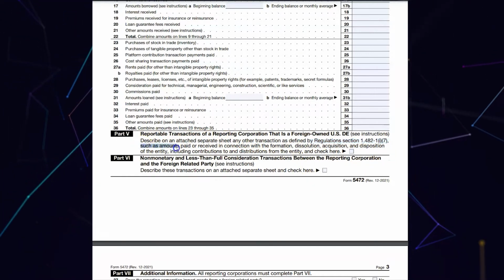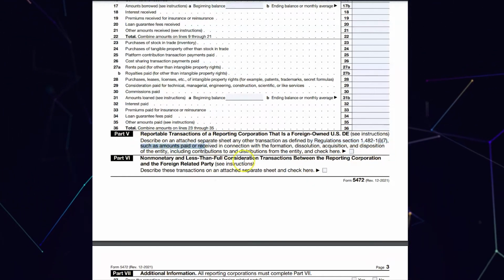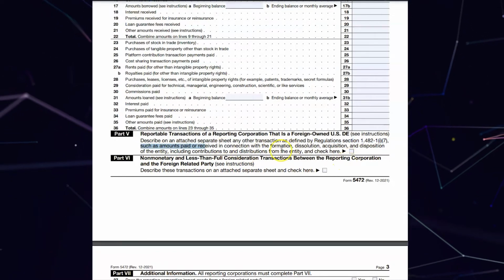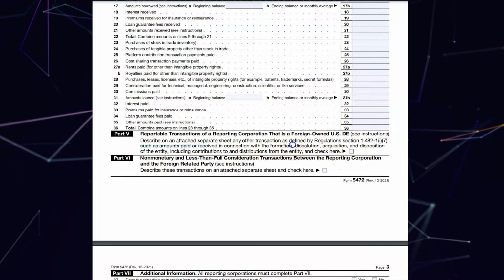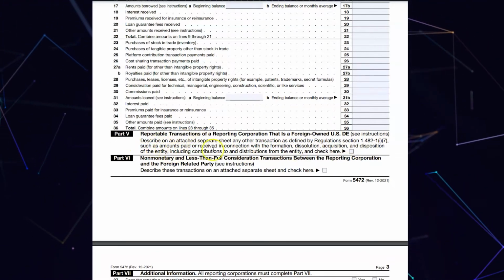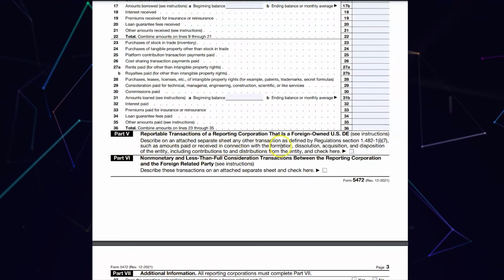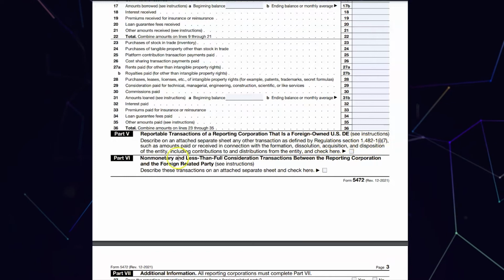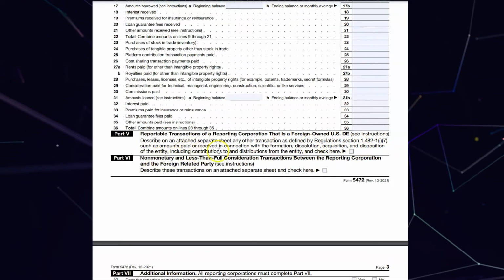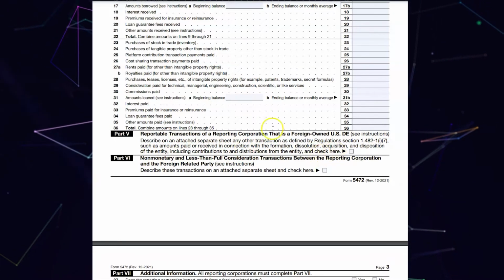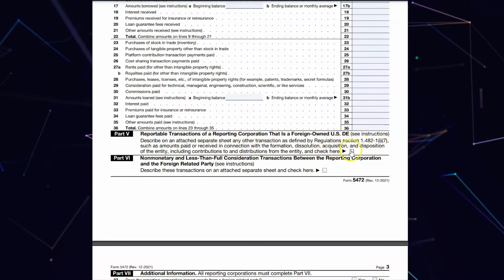If you read further, you can see that the IRS has summarized some of the common reportable transactions that a foreign-owned U.S. single-member LLC could have, such as amounts paid or received in connection with the formation, dissolution, acquisition, and disposition of the LLC. It also includes contributions to and distributions from the LLC. So if you have any of those transactions, you will check this box.